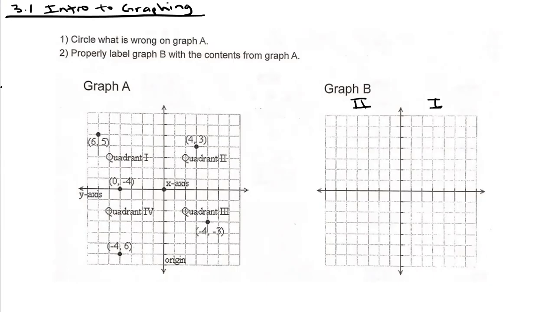Is it bottom left, bottom right? Quadrant 3. Got a 50-50 chance. Good. Bottom left. So 1, 2, 3 goes down here, and then number 4 goes down here.